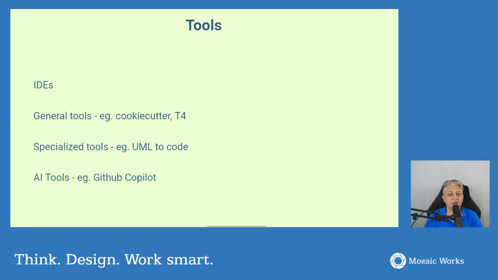And there are a lot of templates for Cookie Cutter. You can create all kinds of files and projects that you need. There are people submitting and contributing various templates. And T4 is also similar, only I think it's .NET and not Python.